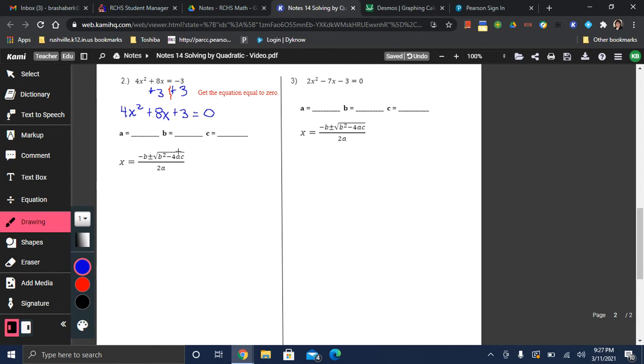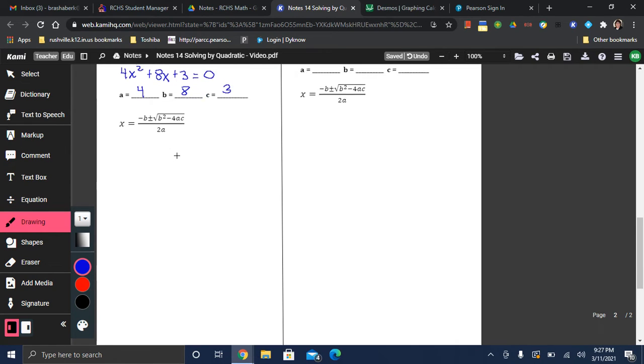So get the equation equal to 0 first. You'll have a couple of problems where you'll have to do that, and I have that noted on your work page. So then your A is 4, B is 8, and C is 3.